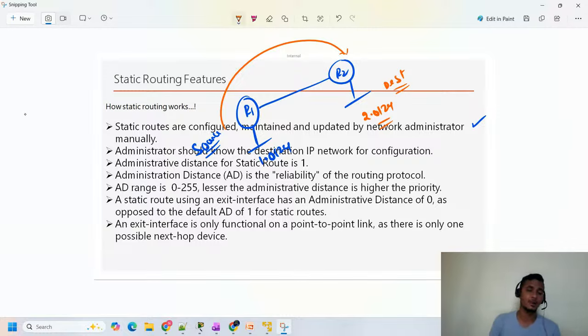I hope you guys all know about the ACL, right? Access control list. A few of you are already working professionals. ACL stands for access control list.